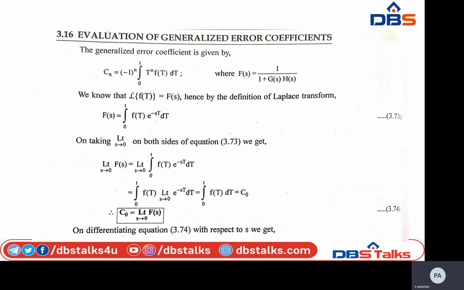Now taking the limit s tends to 0 on both sides, that is limit s tends to 0 plus, equal to limit s to 0, dT, right?